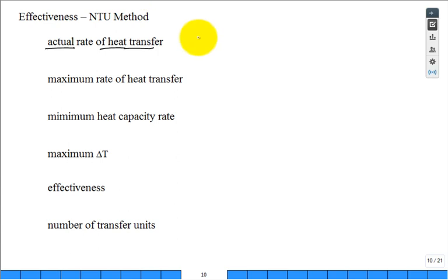What do we use for that? Q. All right. Then you also have to define a maximum rate of heat transfer. This is as if the area of the heat exchanger went off to literally infinity, and it was a counter flow heat exchanger.